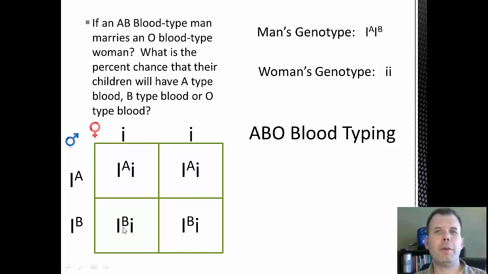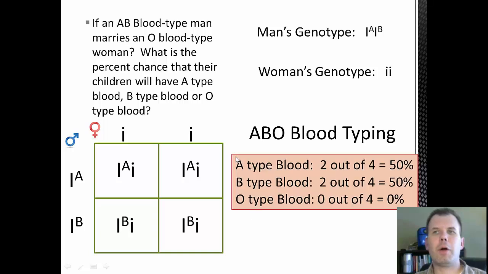Same thing with the B-type blood: 1, 2. Two out of 4 is 50%. The last one is O-type blood, and the only way you get O is if you have the genotype little i, little i, as in the case of the mom. In any of these, do you see little i, little i? No. So the percentage would be 0%.